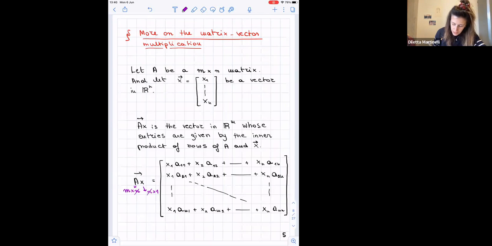We would get in the end a vector that lives in R^m. And the entries are given by the inner product of the rows of our matrix A and the vector x.